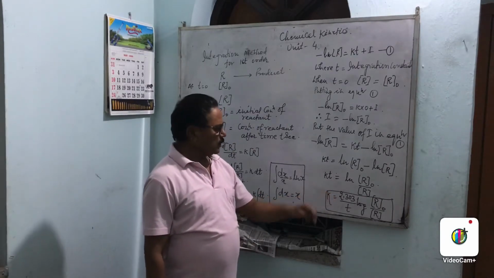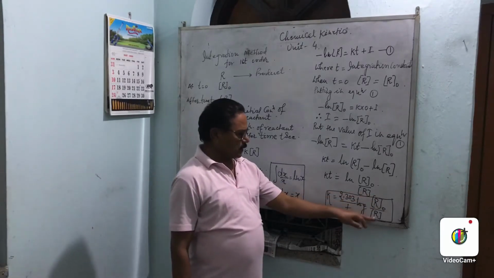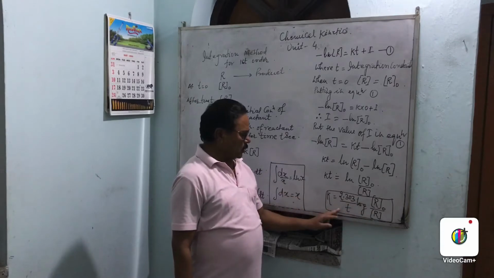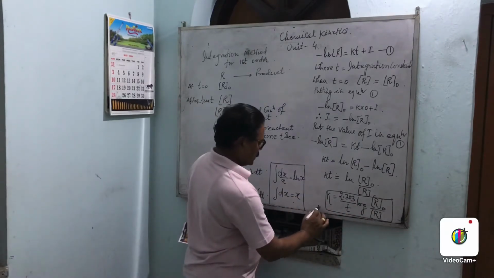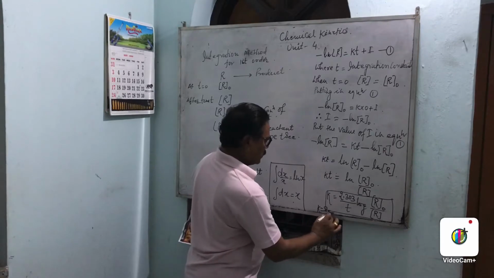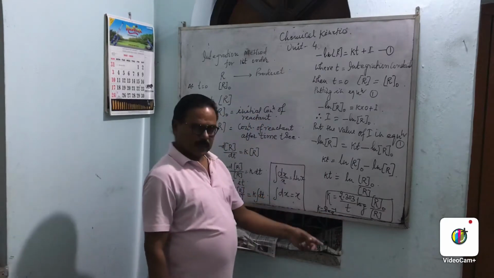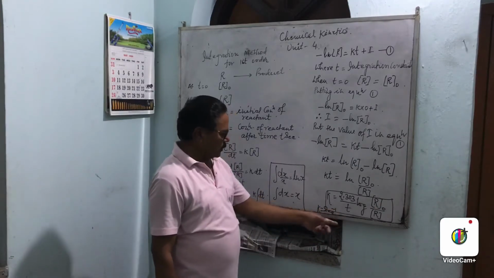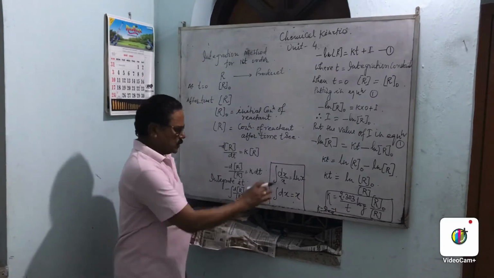Whatever be the unit of concentration, it will cancel out, so the unit of the rate constant will be second inverse, that is time inverse. If time is in second, second inverse; if in hour, hour inverse; if in minute, minute inverse.